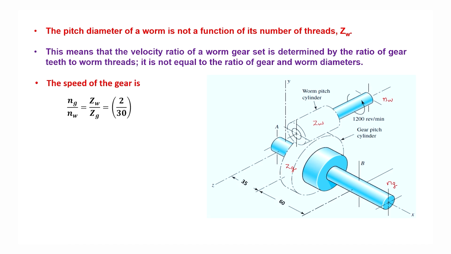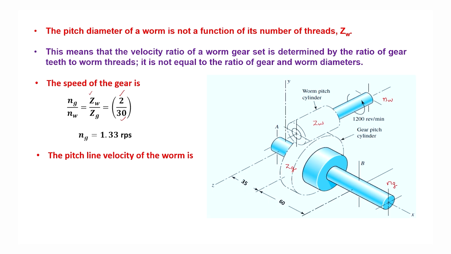So the speed of the gear can be found from this relation: ng, the number of revolutions of the gear, divided by nw, the number of revolutions of the worm, is equal to the number of threads on the worm divided by the number of teeth on the gear. The number on the worm is 2 and the number of teeth on the gear is 30, as given in the problem, and so ng is equal to 1.33 rps. You see, an appreciable amount of reduction is achieved.